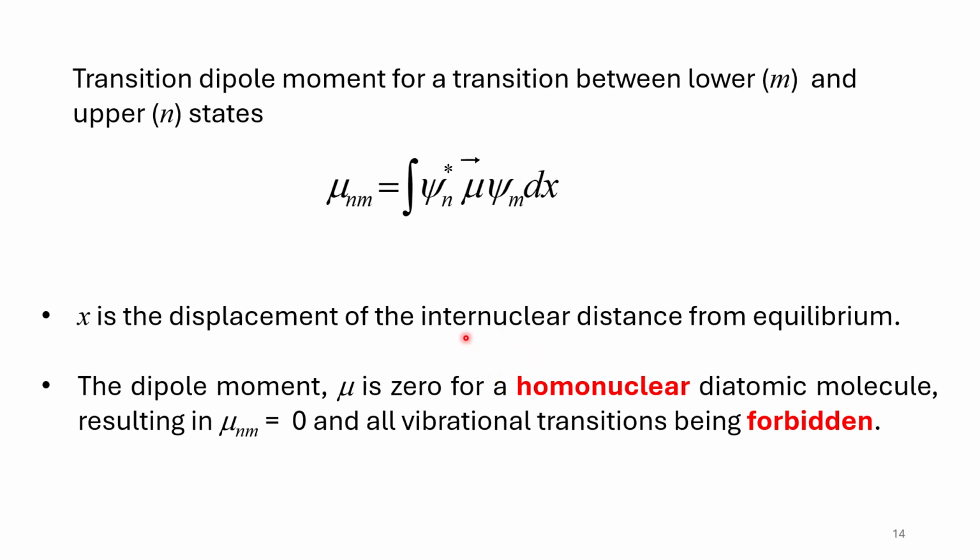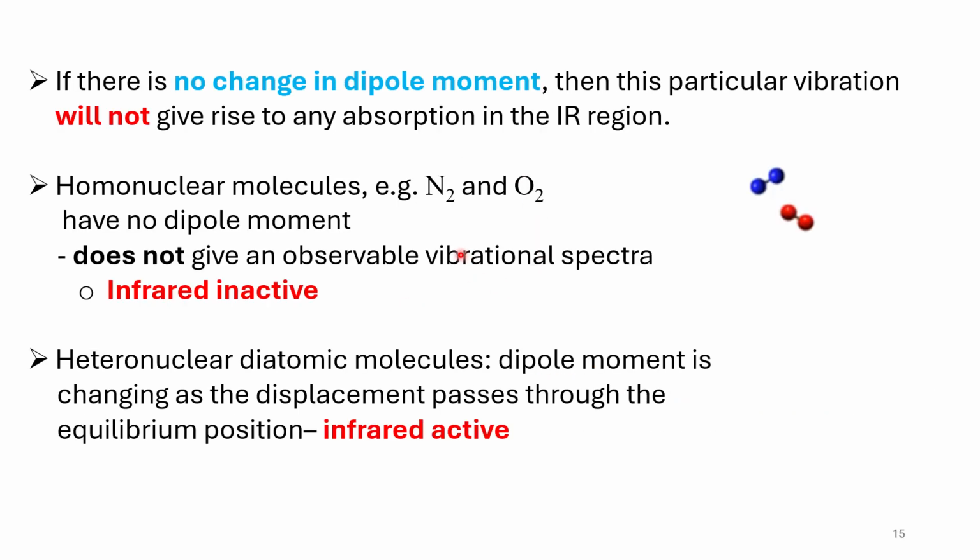Examples of molecules which have no change in dipole moment during the vibrational motions are homonuclear diatomic molecules, such as the nitrogen molecule and the oxygen molecule. Okay, so these homonuclear molecules do not have a dipole moment change during the vibration, so they do not give an observable vibrational spectrum.